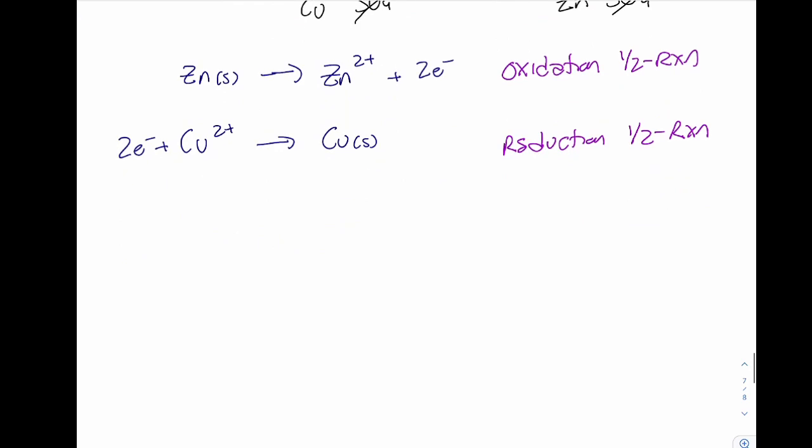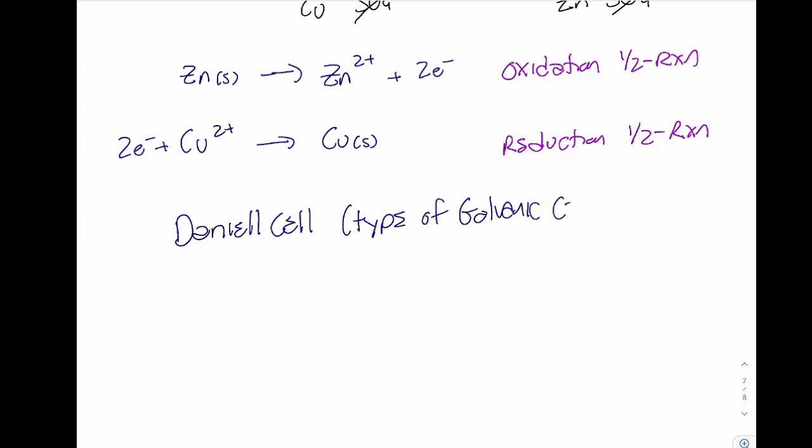So again, the type we're going to look at is a Daniell cell. And again, it's just a type of galvanic cell. Sometimes they just call it a galvanic cell. So my directions on a test or a quiz, I could say draw a galvanic cell.